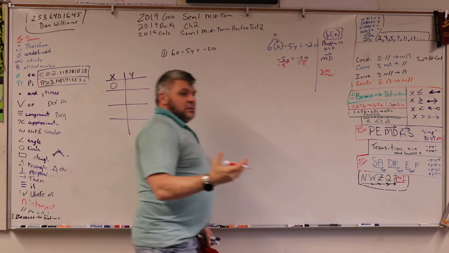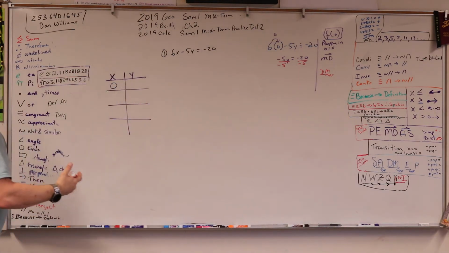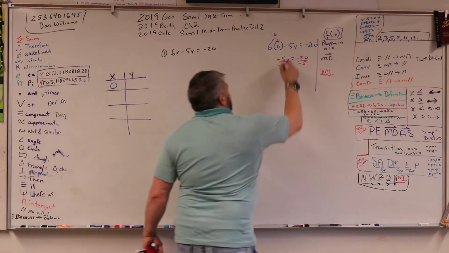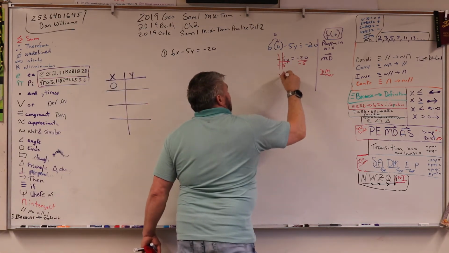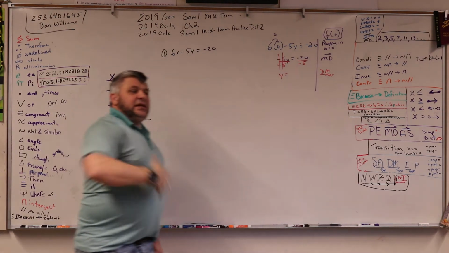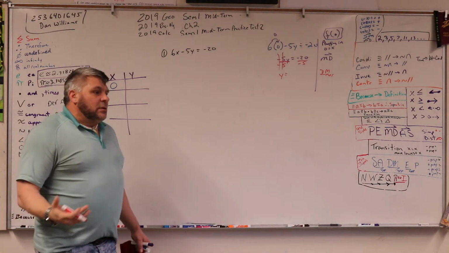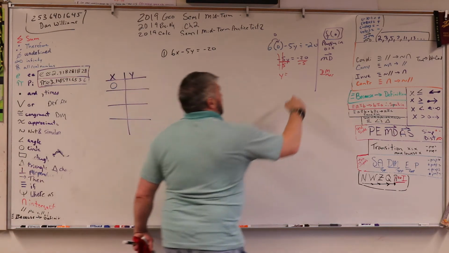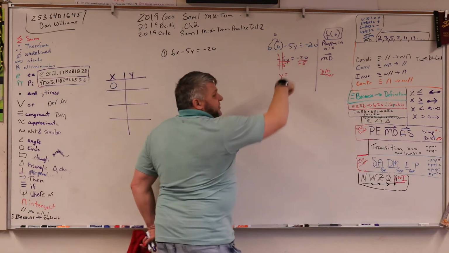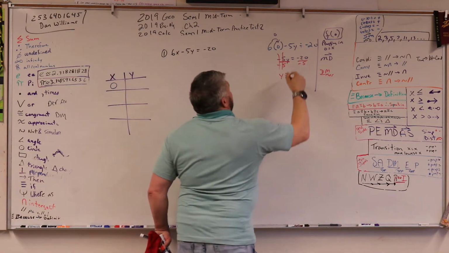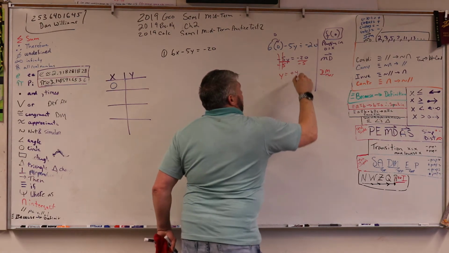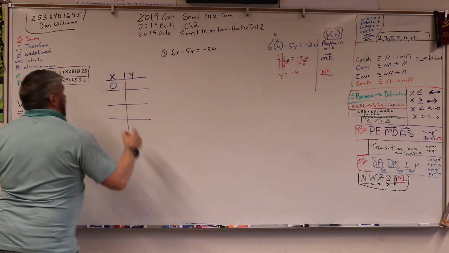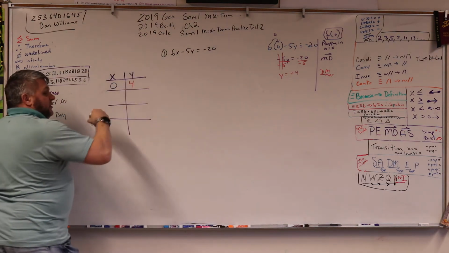And when I get that, these cancel, which is good, that gives me y is equal to what? Negative 4? Well, 2 negatives make a positive, so it's actually positive 4. So I got 0 and 4.